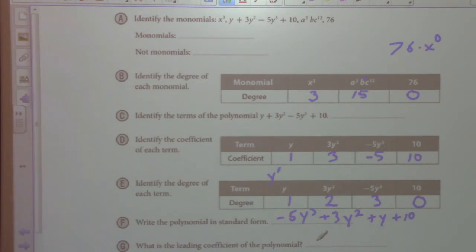And then the final question here, what is the leading coefficient of the polynomial? -5. It is, as Marcus says, -5. In the overall scheme of what's important about a polynomial, this leading term is the most important thing. And why is that the case?